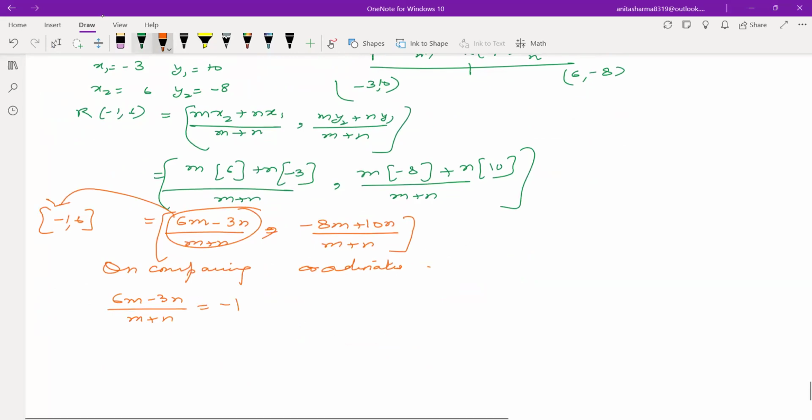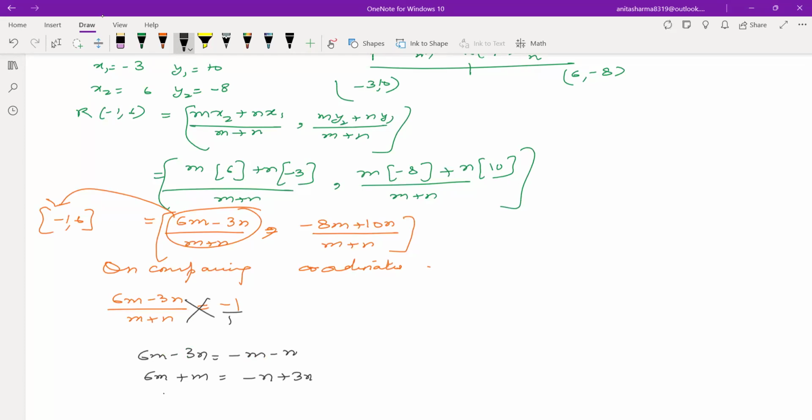Fine. You can use only one coordinate. Now cross multiply. So 6m minus 3n will be equal to minus m minus n. Fine. So now you can write 6m plus m will be equal to minus n plus 3n. So 7m is equal to 2n.